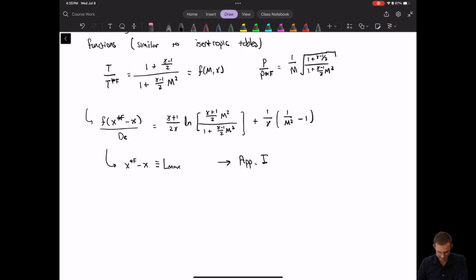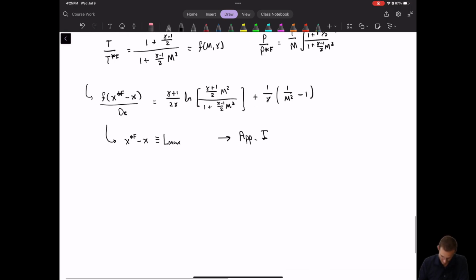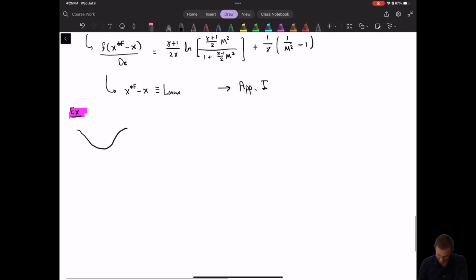Let's look at an example. So let's say that we have a converging diverging duct with a Fanno section at the exit. So this is state 1, state 2 is the throat, and then we have state 3.